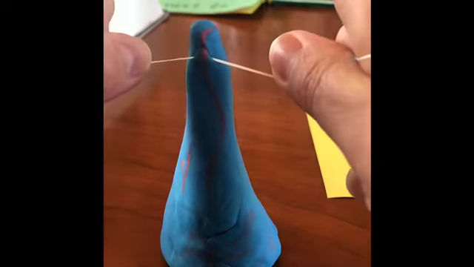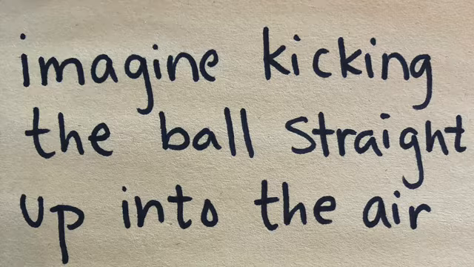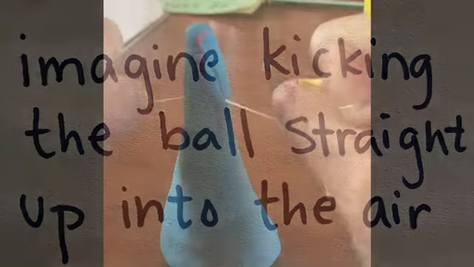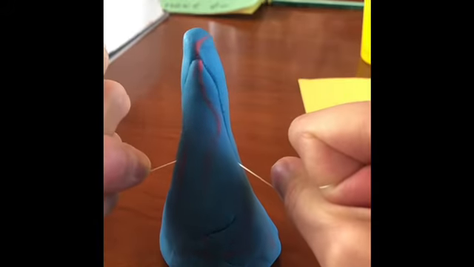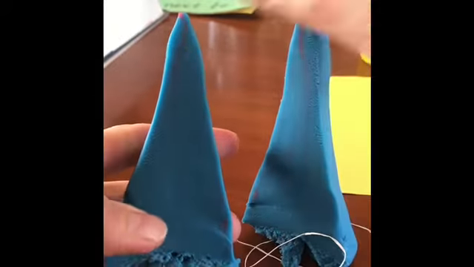So how does the parabola change if I have a tall, skinny cone? So if you imagine kicking a ball straight up into the air instead of just kicking it across the field, the parabolic curve would change. So it looks a little bit more like a triangle.